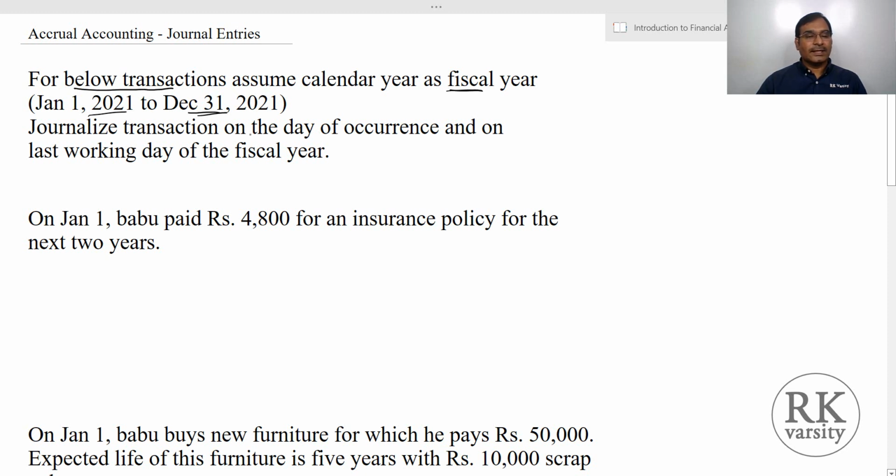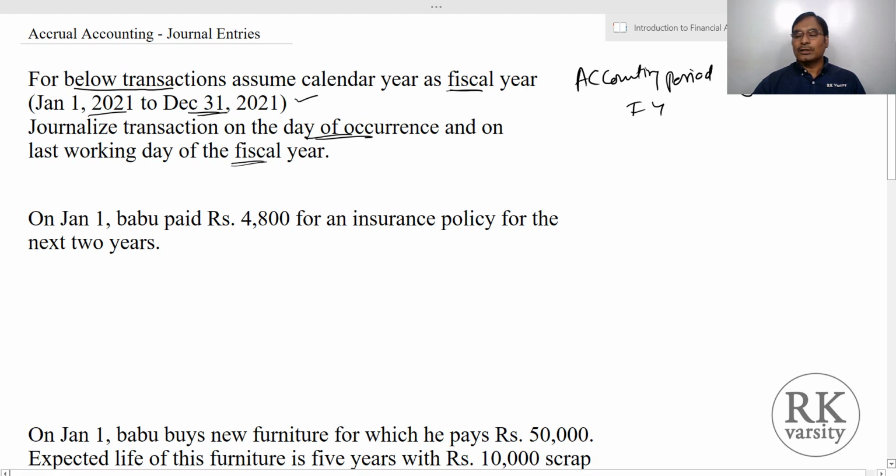Next is to generalize the transactions on the day of occurrence and on the last working day of the fiscal year. So the last working day of the fiscal year is December 31st. So three accounting principles which help us in recording accrual accounting are: one is the accounting period. Here we are saying that the accounting period, that is your fiscal year, is from January 1st to December 31st, so all the transactions during this period are to be recorded.